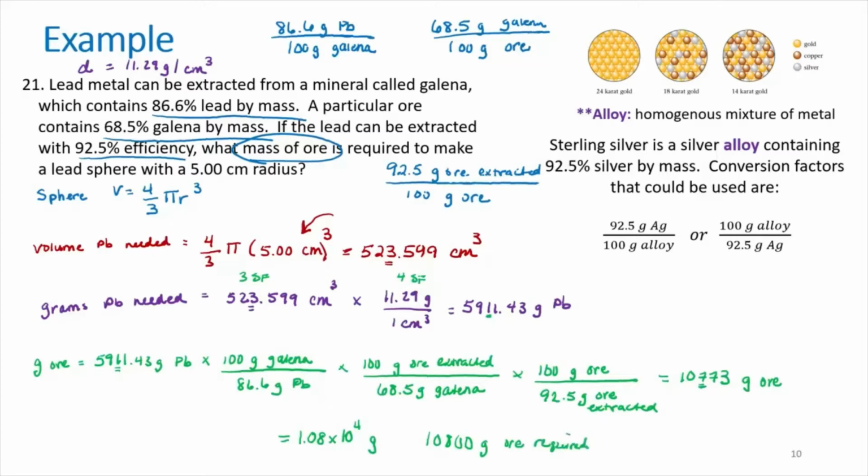If you want to convert that to kilograms, you can. We don't often report things in kilograms, but you could go ahead and write 10.8 kilograms as well. So I'd have to start with 10.8 kilograms of ore to make that 5 centimeter radius lead sphere.